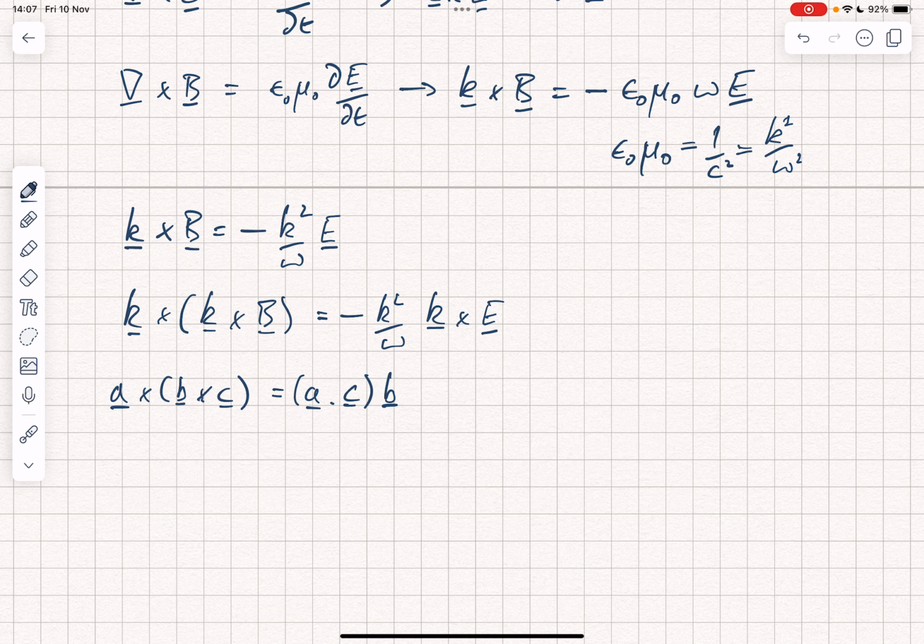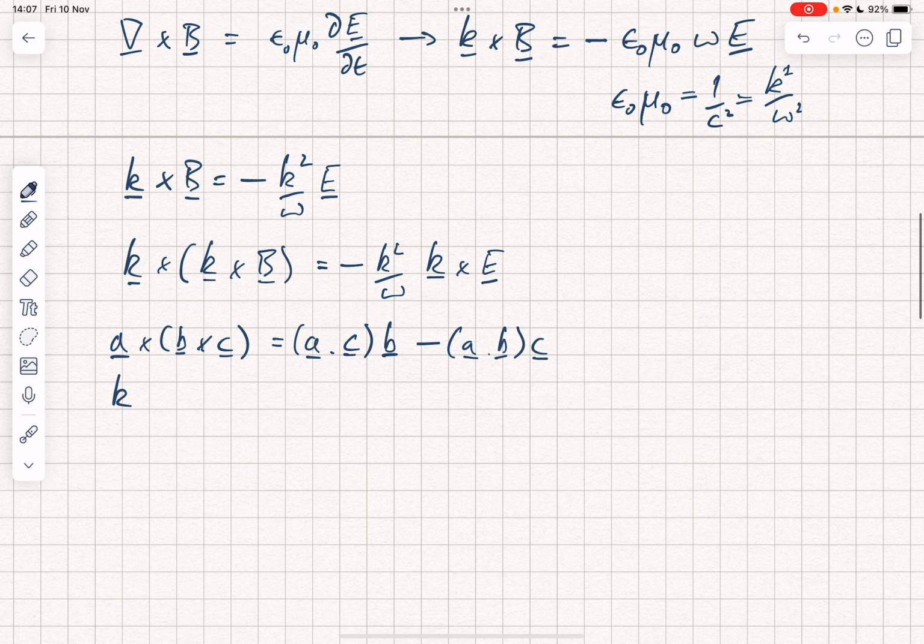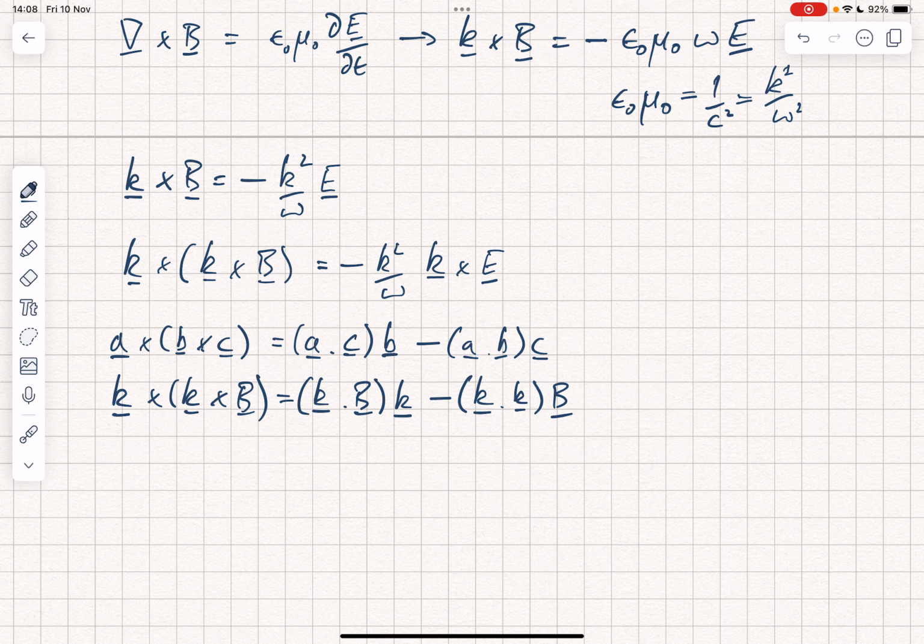That's equal to A dot C along B minus A dot B multiplied by C. Let's use that to expand out our k cross k cross B. So that's going to be k dotted with B multiplied by k minus k dotted with k multiplied by B.